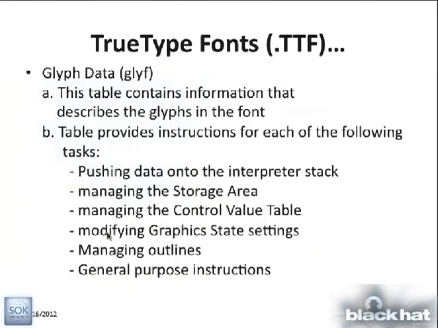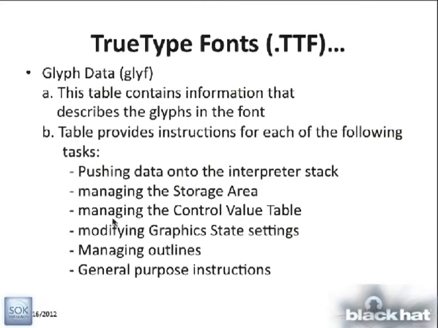Now, another important piece of information regarding glyph data. This table contains the information that describes the glyph in the font file. But the most important point is that the glyph data provides instructions for each of the following tasks. For instance, pushing data onto the interpreter stack.